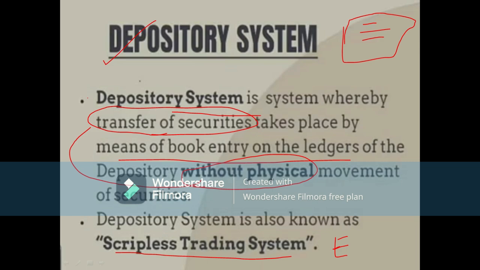No physical movement of securities is seen; we are just entering the particulars in the scriptless trading system, means in electronic form. That is the depository system. A depository is a company, and the depository system means the scriptless trading system, electronic form, converting physical shares into electronic shares.